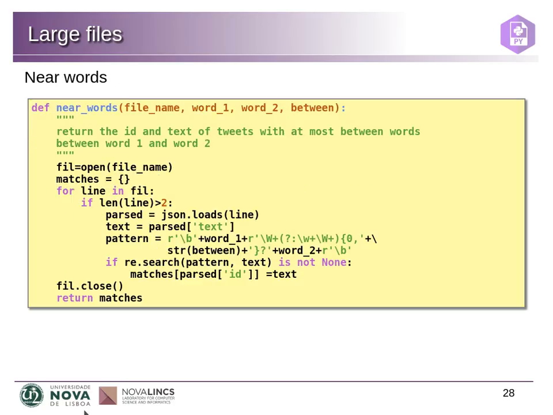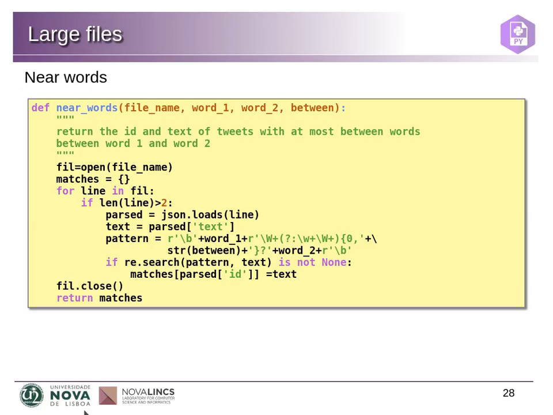So now we can use this to create this function that returns the ID and the text of all the tweets which have at most this number between word 1 and word 2. So we can put in these parameters and ask for those that meet that criteria. So we're going to open the file, read each line, obtain the text of the tweet, and now we're going to create this pattern.